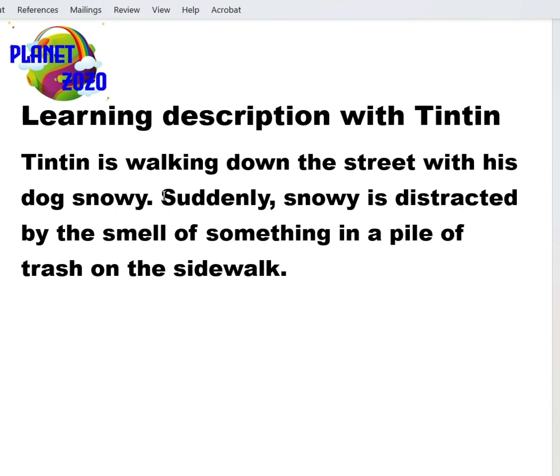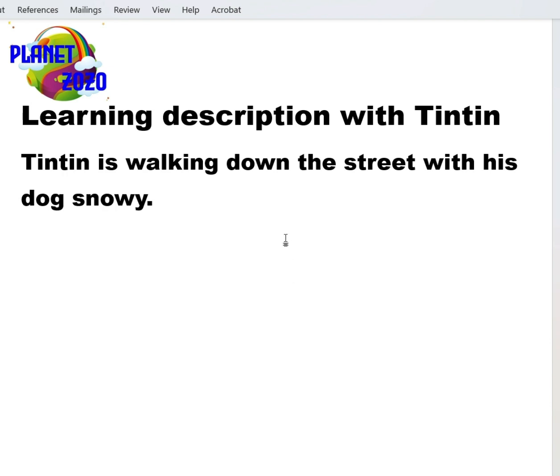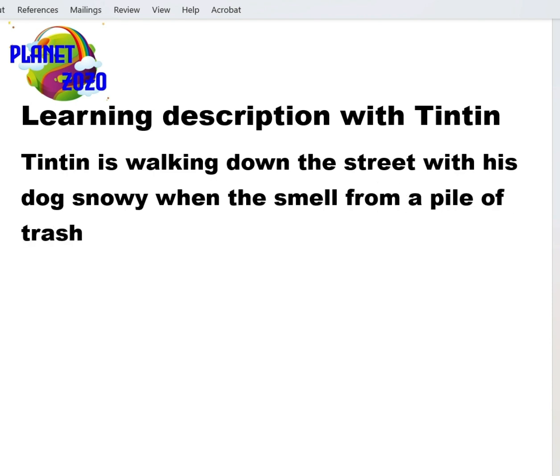We can also change that to and continue the sentence when Snowy, when the smell from a pile of trash catches Snowy's attention.